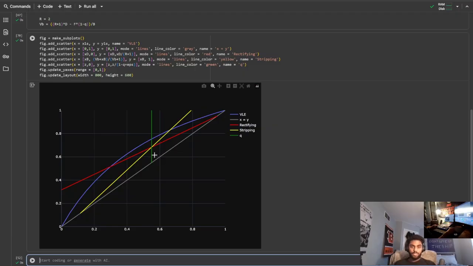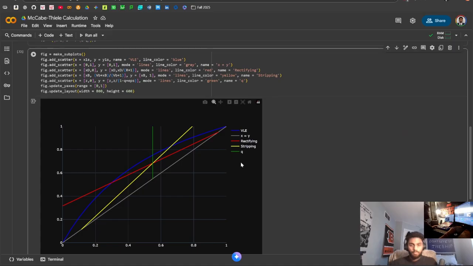So now we see we have our rectifying, stripping and Q lines. The last thing that we have to do is the little staircase that determines the number of theoretical trays in our theoretical distillation column. So that will be your next and final step for completing this automatically generated McCabe-Thiele diagram.